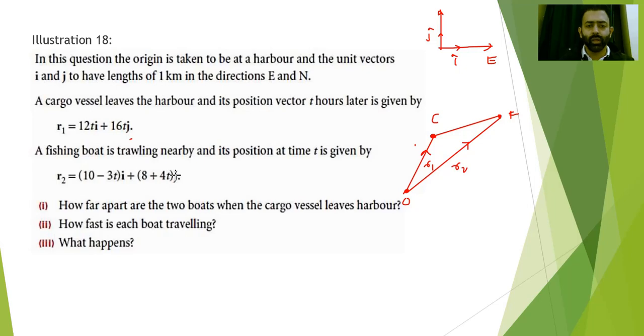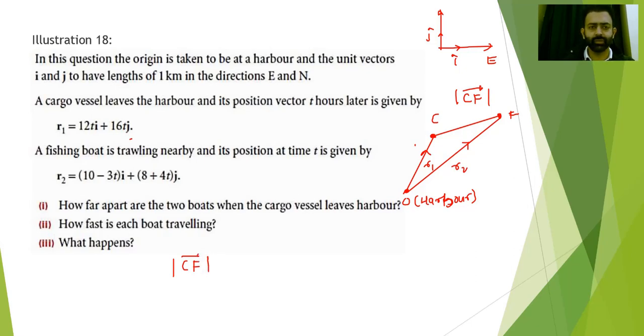It says, how far apart are the two boats when the cargo vessel leaves the harbor. So this origin is your harbor. How far are the fishing boat and the vessel, meaning we have to find the vector CF modulus.